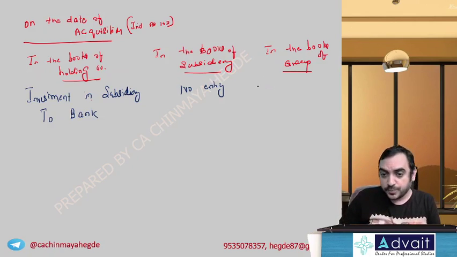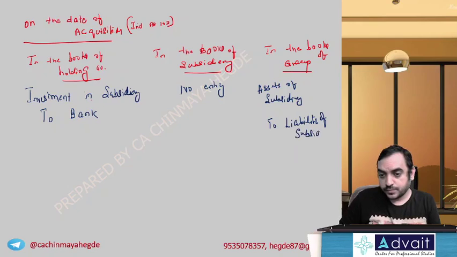So we write assets of subsidiary account debit, liability of subsidiary, to bank, or you can say to investments.